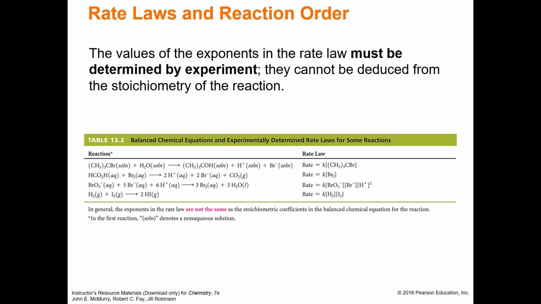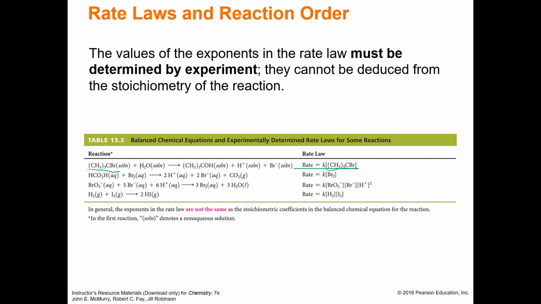As I said, the values of the exponents can only be determined by experiment. They cannot be determined from the stoichiometry of the reaction. If you look at some of the examples down here, some of them happen to be the coefficient, but a lot of them aren't. For example, if we look at the rate law for this first reaction, we see the concentration of CH3Br.